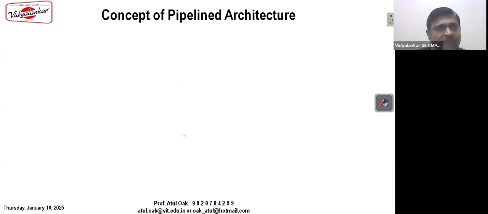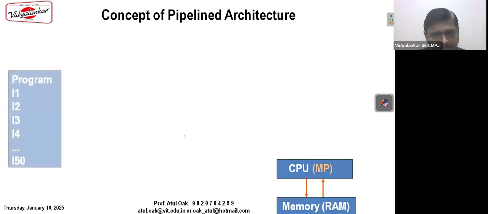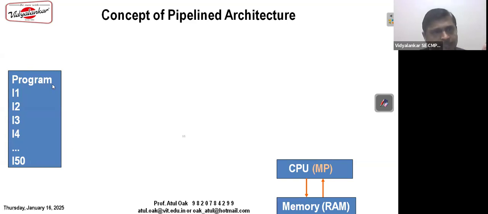Let us assume we have a program with some instructions. I'm just bringing all the essential elements. Let us assume 50 instructions. Who executes this program? The microprocessor. Where do you store this program? RAM. And they are connected via buses. That is what we previously discussed. Now all this is meaningful. Again, I repeat, we are going into 8086 architecture.